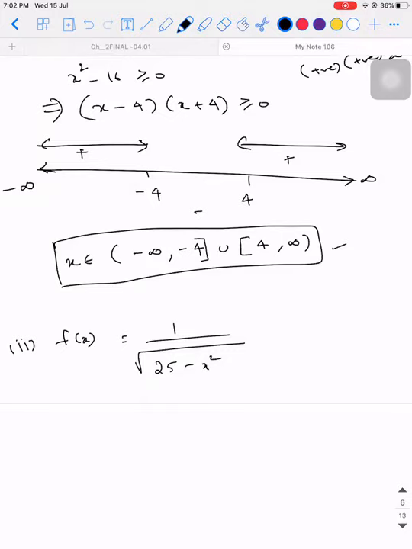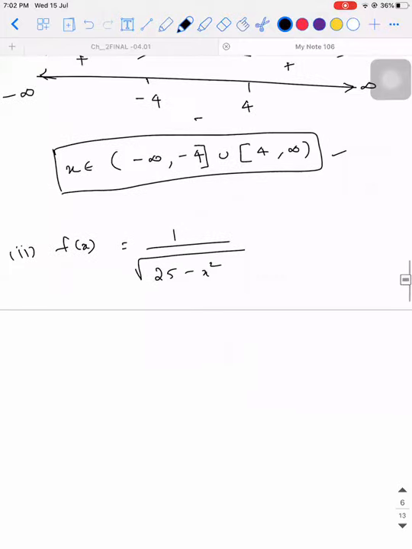What is the answer? Open bracket minus infinity to open bracket minus 5 union open bracket 5 to open bracket infinity. No, that's wrong. Check your method. Open bracket is right, but your procedure is wrong.